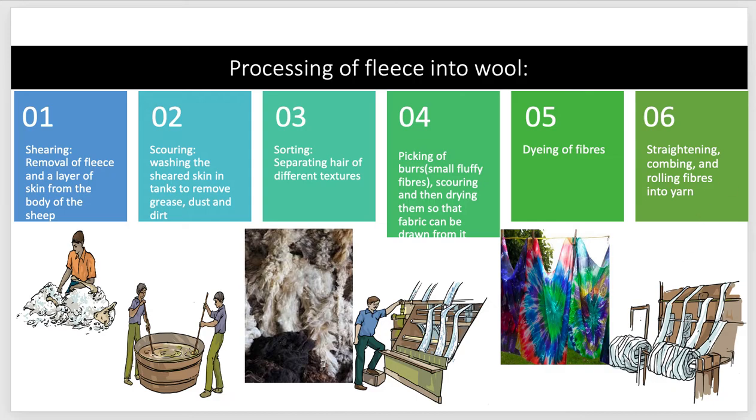There are a few drawbacks, a few negative points of this. The wool industry has many people working in it. A lot of people from our country work in the wool industry, but the job of the sorter, the person who sorts the fibers based on the different textures, might get infected by a bacteria called anthrax.